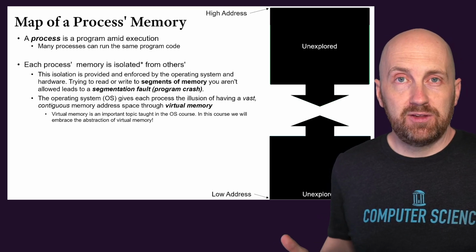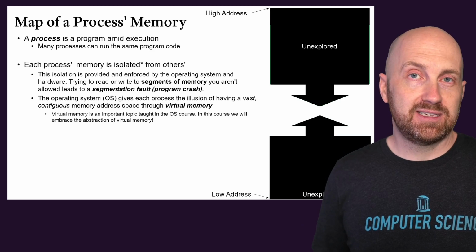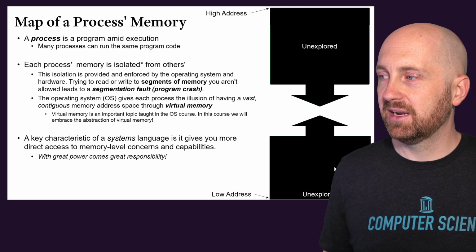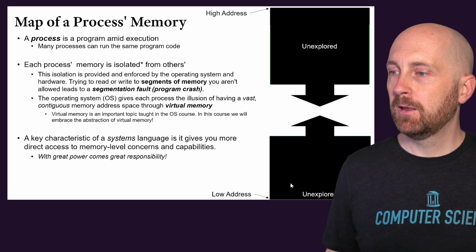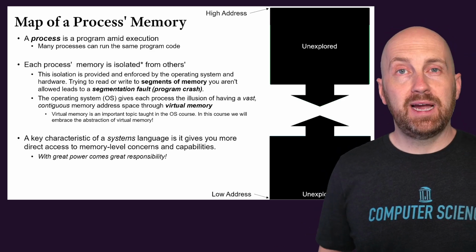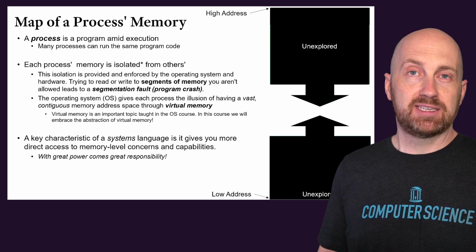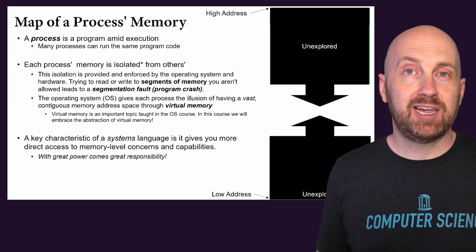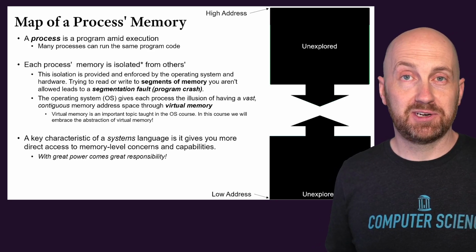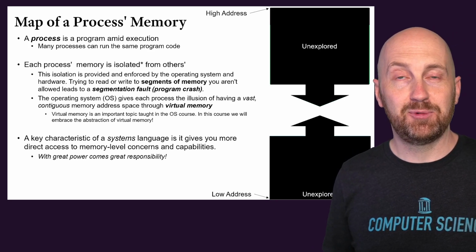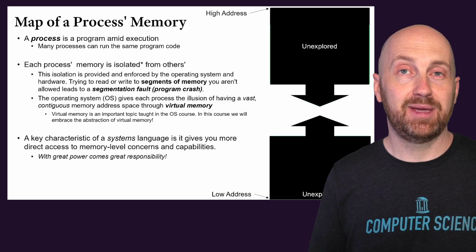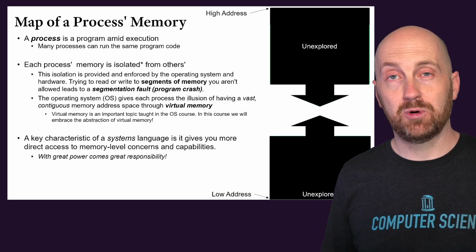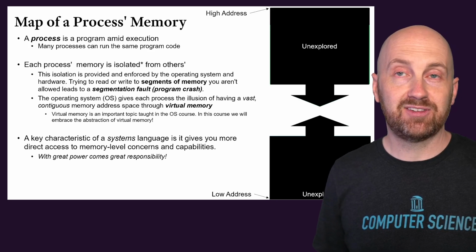Virtual memory is one of the key big concepts of operating systems, so we're going to leave that for an operating systems course, but it gives us this nice abstraction. Because we do have direct access to memory in C and in systems programming languages in general, we have to be very careful about how we use that, because there are some dangerous things we could do that we couldn't do in other languages that have managed memory systems that prevent some of the types of errors or bugs that we might see in a systems level language.